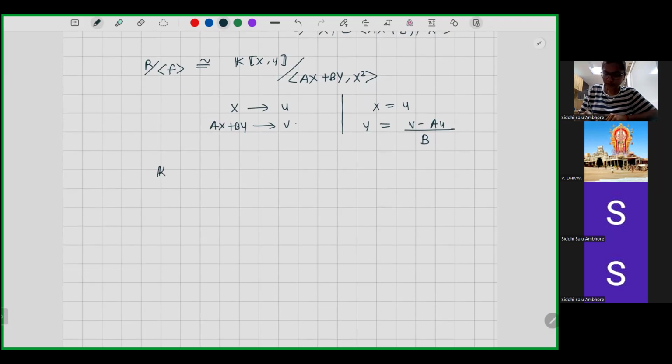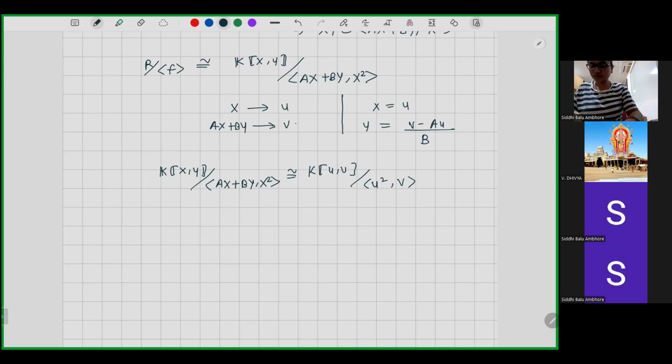Then this K[[x,y]] quotiented by this ax plus by will be isomorphic to this K[[u,v]] quotiented by this u square, sorry, x square, u square comma v.